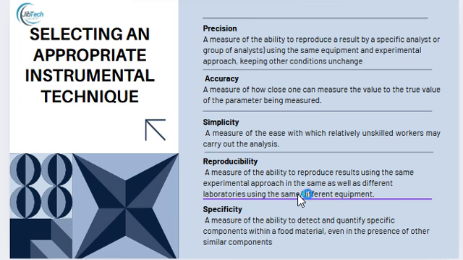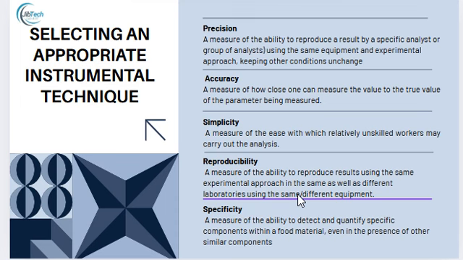If we run an analysis with the equipment in the chemistry laboratory and our result is X, for example, then if we run the same sample with the equipment in the physics laboratory, we should be able to get X results. So that's reproducibility.